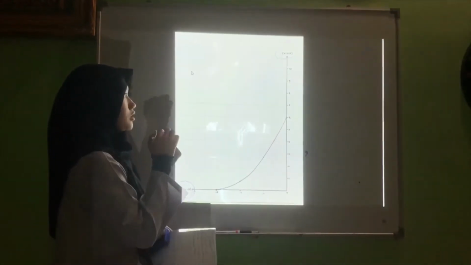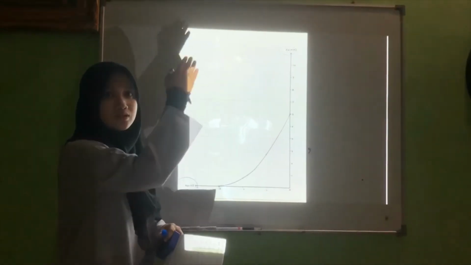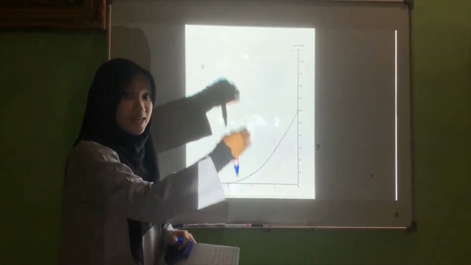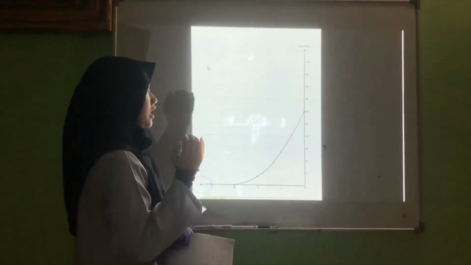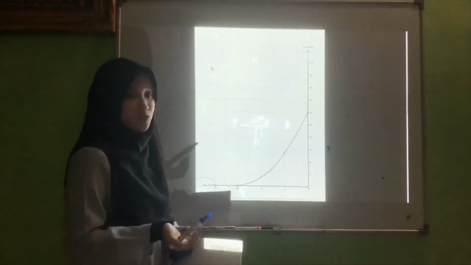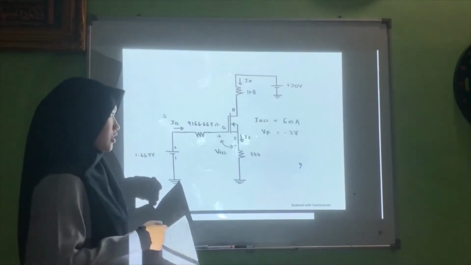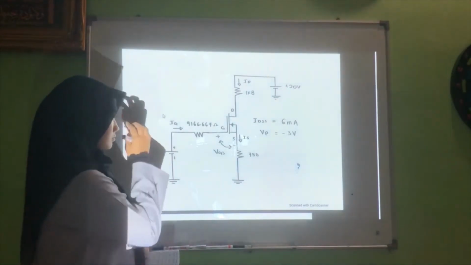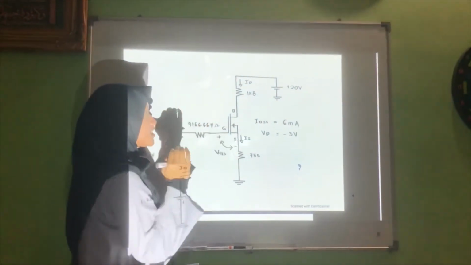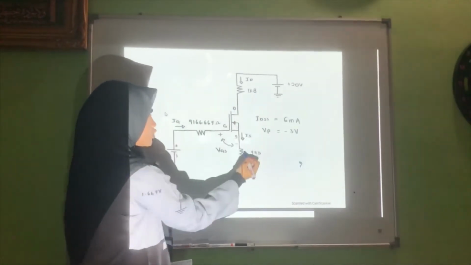ID is on the Y axis and VGS is on the X axis, which is ID versus VGS. This is an N channel D MOSFET, so the current flows from drain to source.